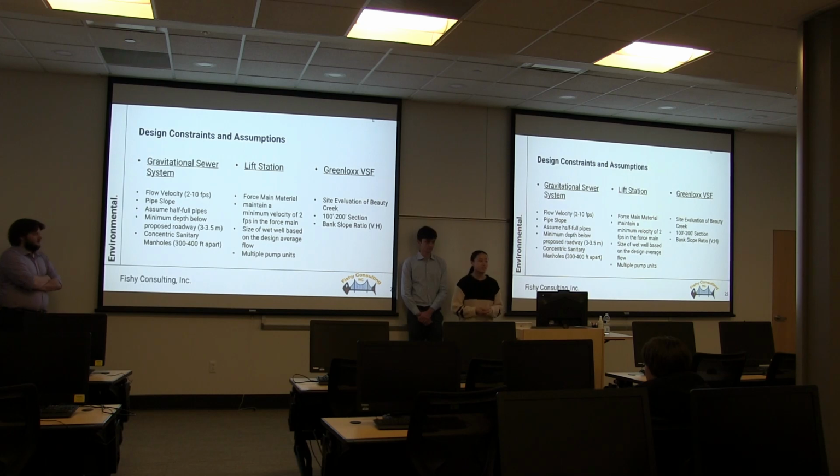Now, much of this information will probably need to be assumed, and this will be addressed later in future work. I'm also going to assume that this design will be applied to a 100 to 200 foot section of Beauty Creek itself, and that the bank slope will be a ratio of its vertical distance to its horizontal distance.